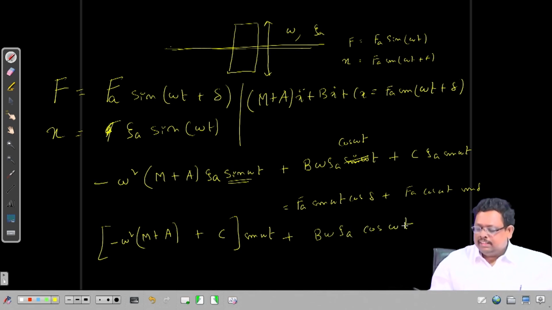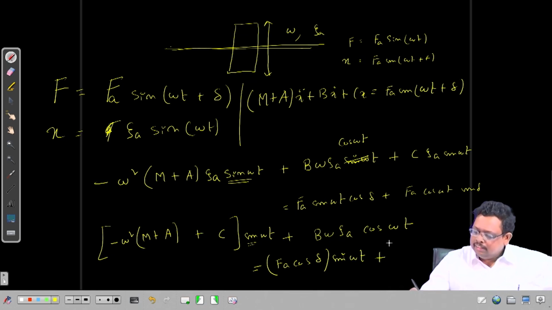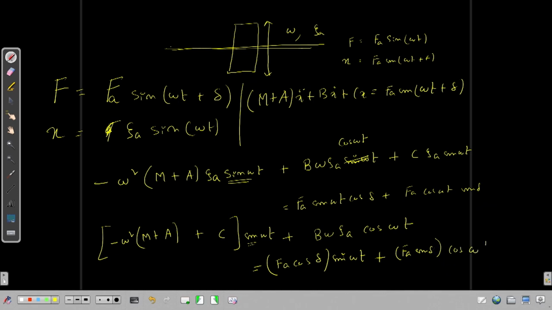And then on the right hand side I can write this equals f a cos delta multiplied by sin omega t, plus the second term f a sin delta into cos omega t.